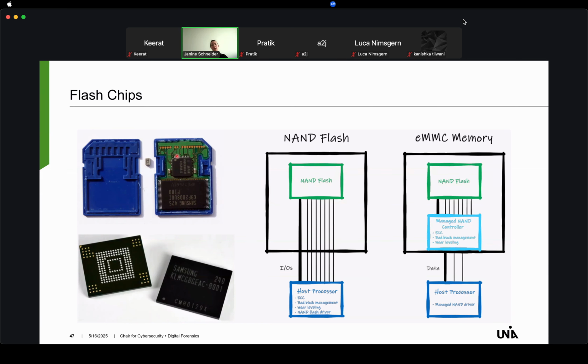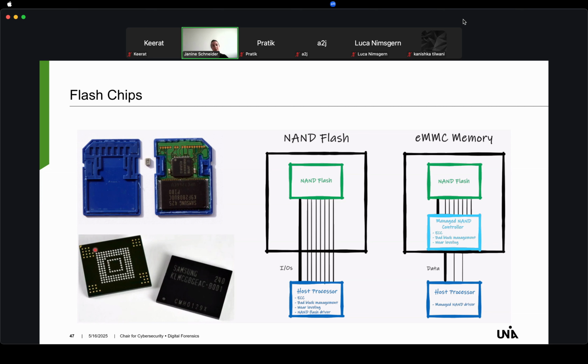So this corresponds to this picture here. You have a NAND flash chip inside a package, and you have an outside controller, not an integrated controller, which does all the host processes. For example, bad block management, wear leveling, stuff like that. And here you can see an eMMC chip. You can see these small ball grid, the small ball grid.